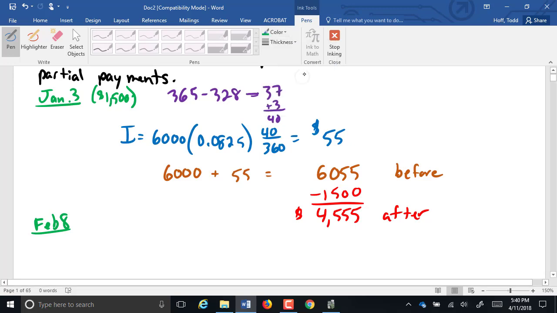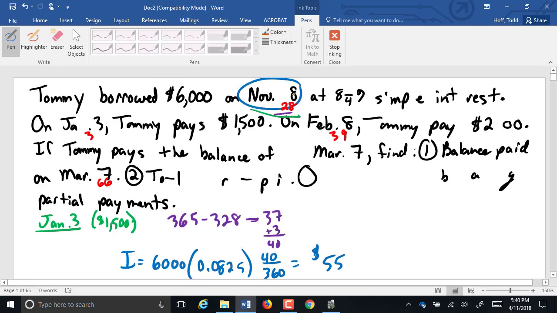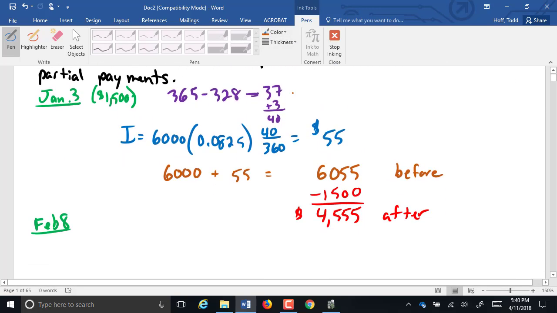Well, February 8th is day 39, right? What day were we on? January 3rd was day 3, so 36 days have gone by. So that's the time we need to use.